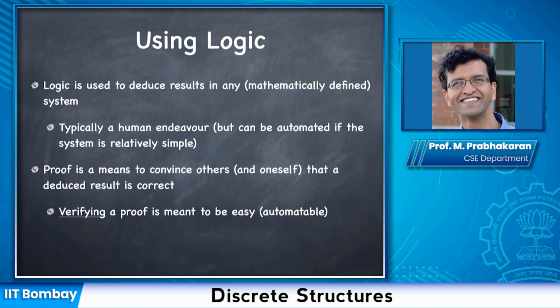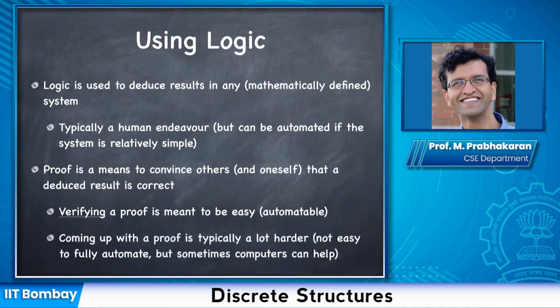It should be pretty mechanical to verify the proof. All the cleverness goes into coming up with the proof, and that is usually not automatable, even though there are theorem provers out there that can help you with figuring out what's the next step you should take. Okay.